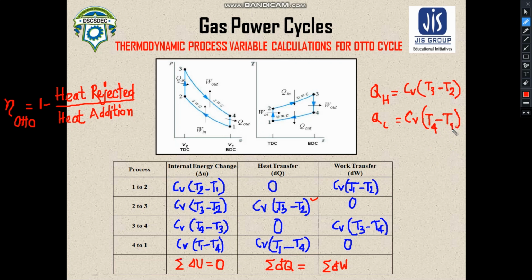This is the simplistic assumption one must understand to pursue the derivation of the efficiency for the Otto cycle. So it will be QC divided by QH, that means Cv into T4 minus T1 divided by Cv into T3 minus T2. The Cv terms will cancel, and ultimately you will get the efficiency as T4 minus T1 divided by T3 minus T2.